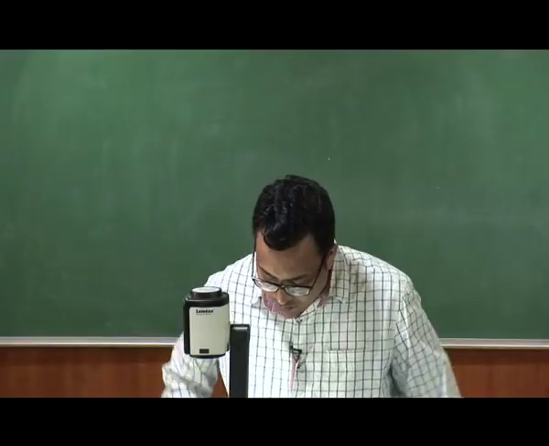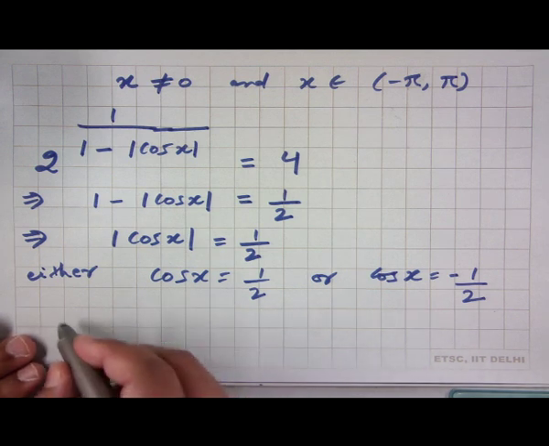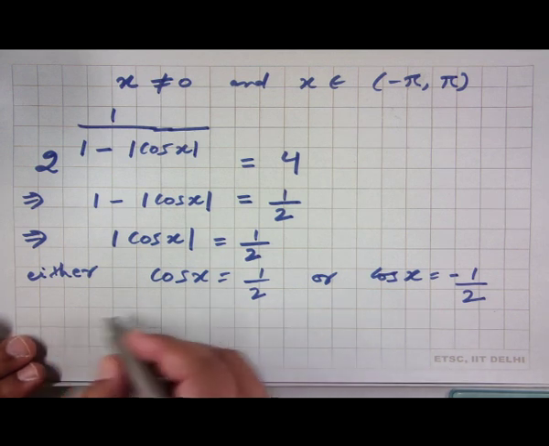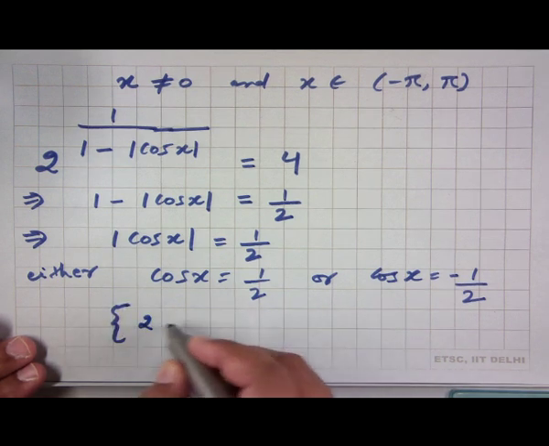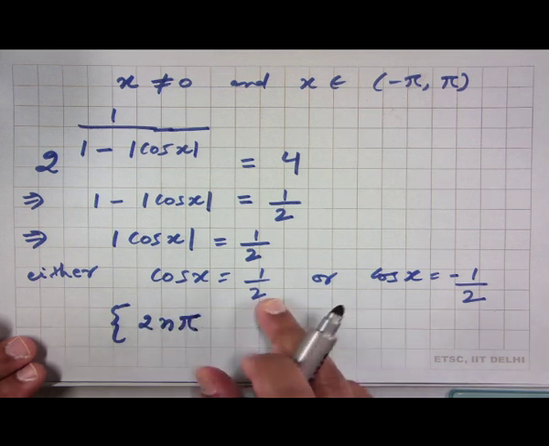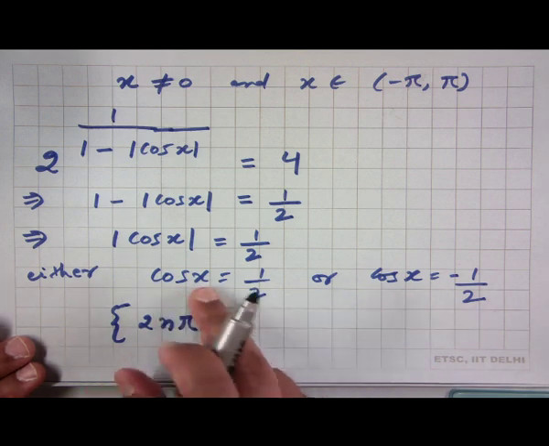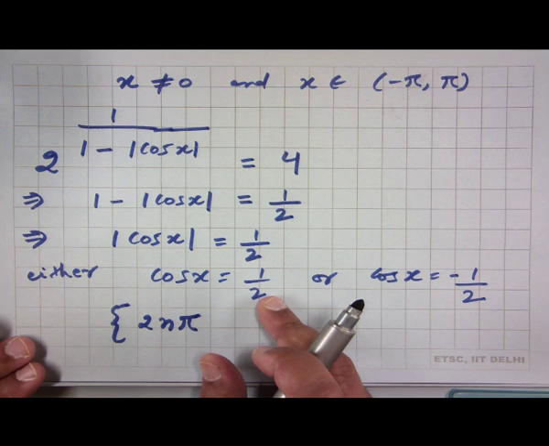So, for cos x equal to half, the general solution will be the set 2n pi, because half can be written as cos of 60 degrees, which is pi by 3. So, we have cos x equal to cos y, with y equal to pi by 3.